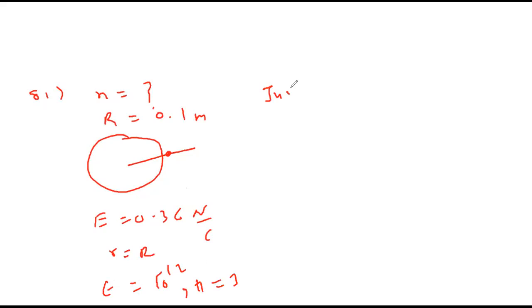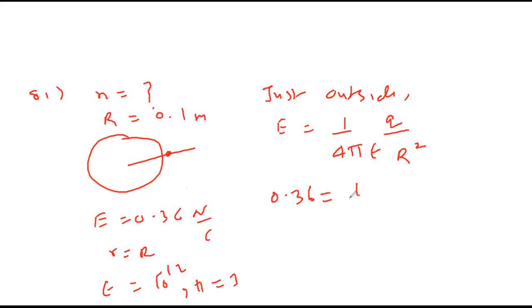So just outside the charged sphere, E is 1 upon 4 pi epsilon times q by capital R square. So E is 0.36, 1 upon 4 pi epsilon, where we take epsilon as 10 raised to minus 12 and pi as 3.